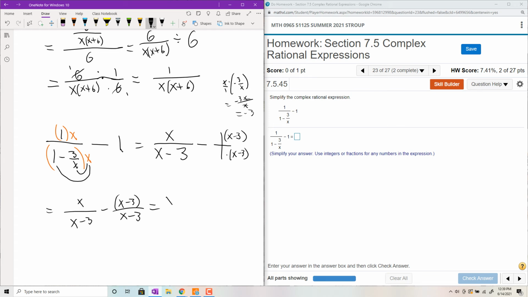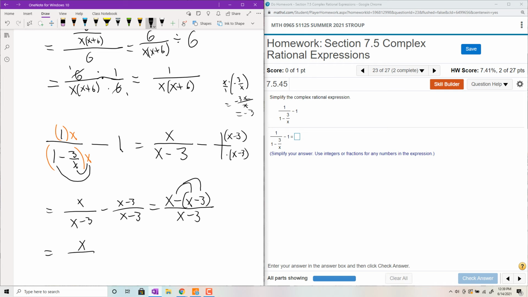And then you can rewrite that as x minus parentheses x minus 3, all over x minus 3. I didn't need the parentheses at that point, I was just being a bit redundant. But you do need them here, because now you need to distribute this negative.